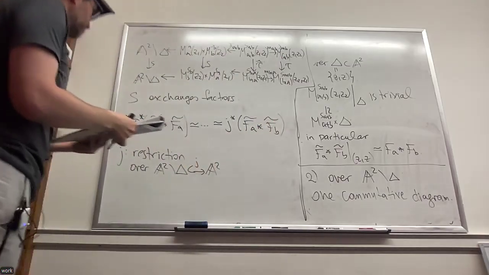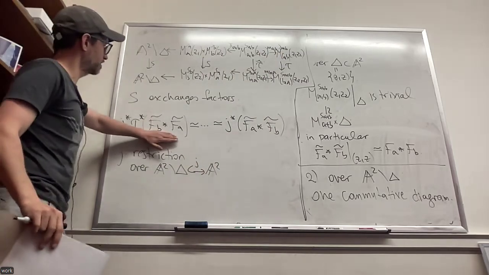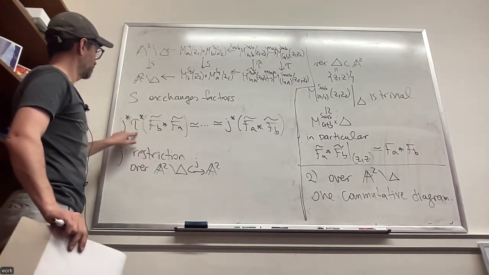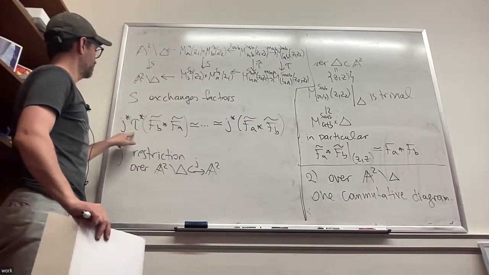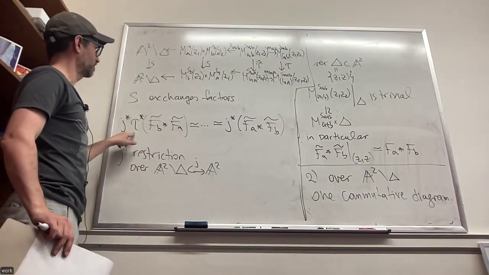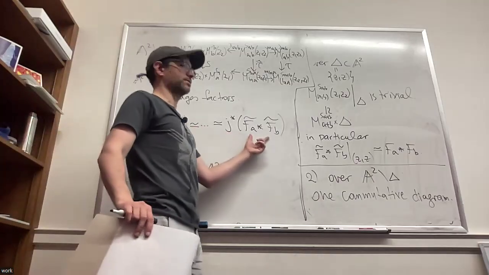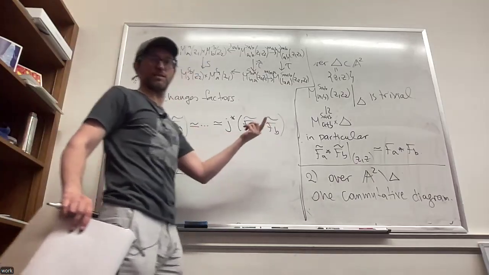So what does this mean? This means that if you look at the product this way and you apply the pullback of this tau, then away from the diagonal it switches the two products.